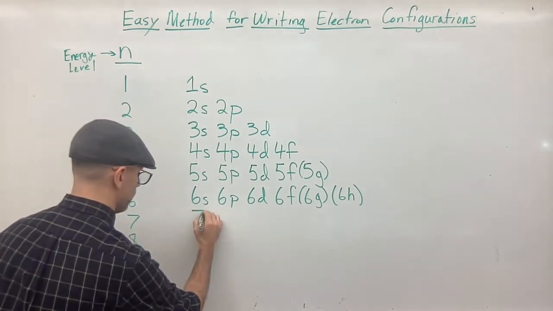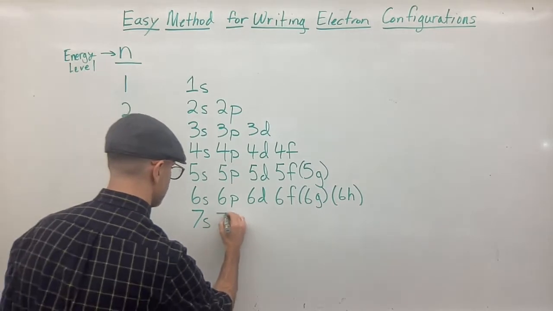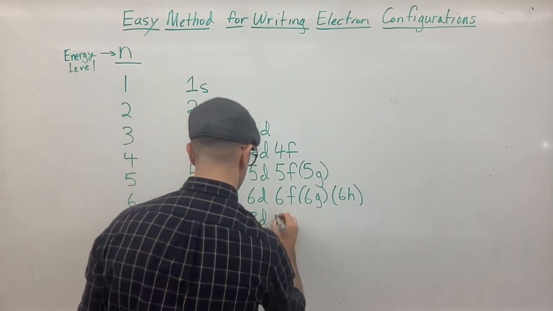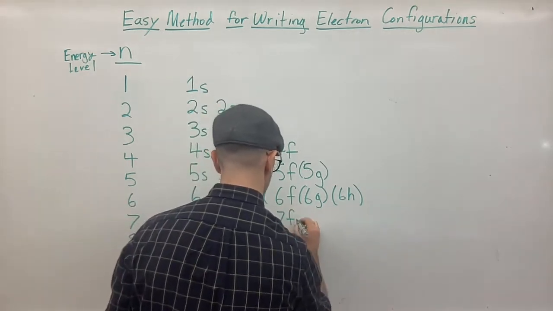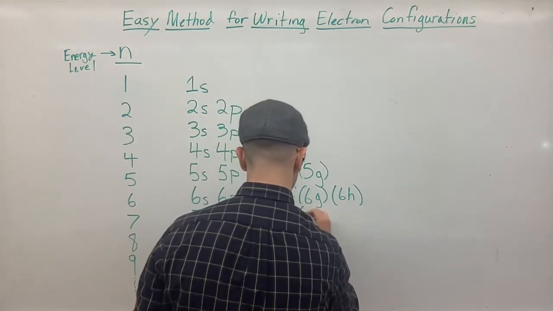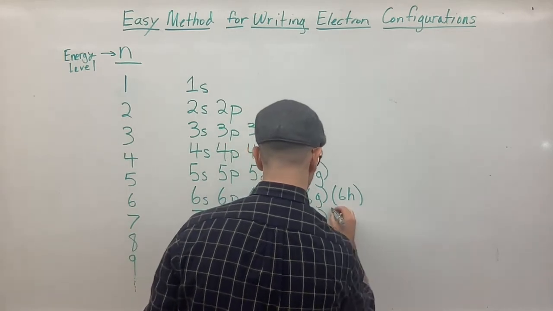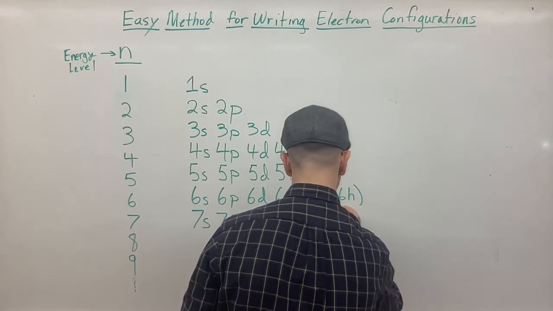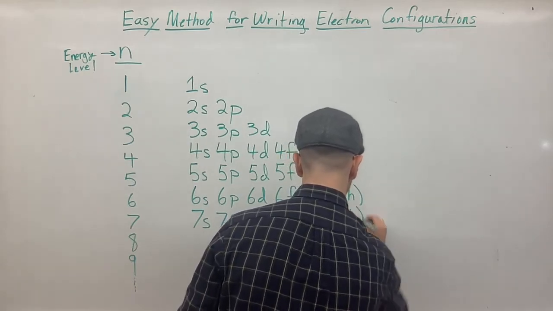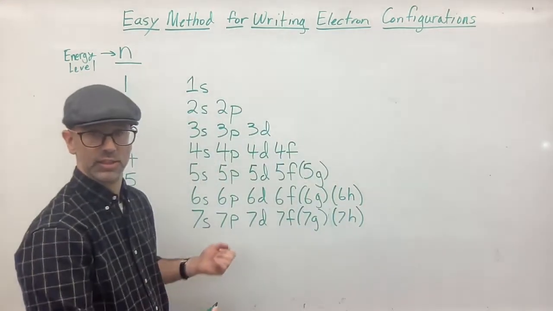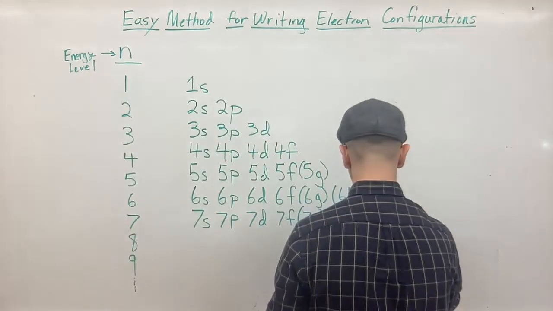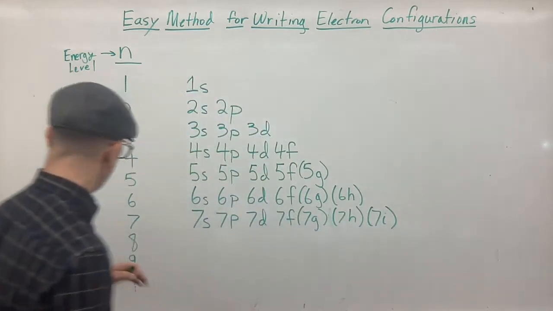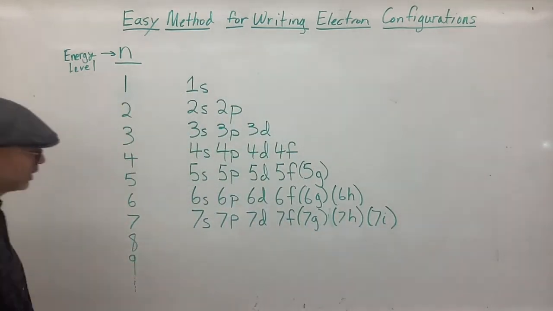So that's going to be 7S, 7P, 7D, 7F. And then, of course, we would have 7G, followed by 7H, and then after H is I. So we're going to put 7I. And let's just do one more, but we could keep going and going.